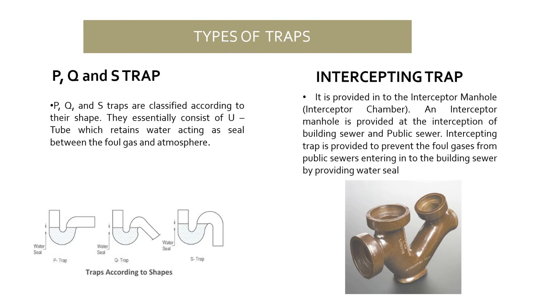The next are the P and S traps, which are used for your water closets, and the depth up to which the water is filled in the trap is known as the water seal. The next is an intercepting trap.